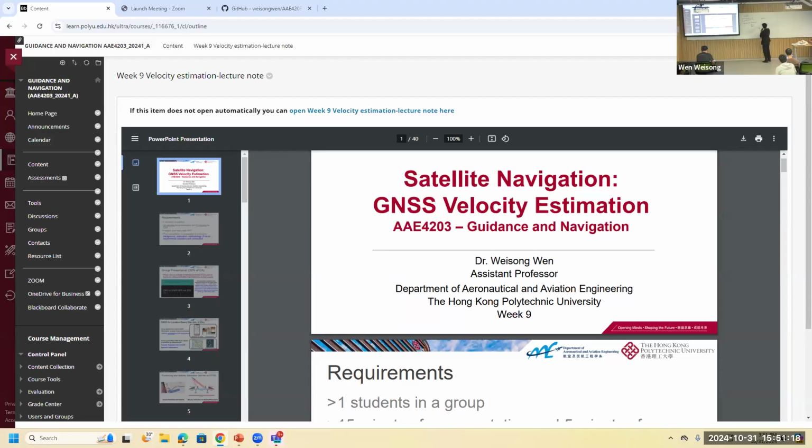So the solution is 2 and 3. This is the extreme point, and this point is the extreme point that makes this approach 0, right?